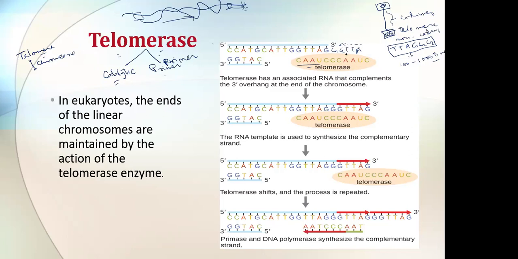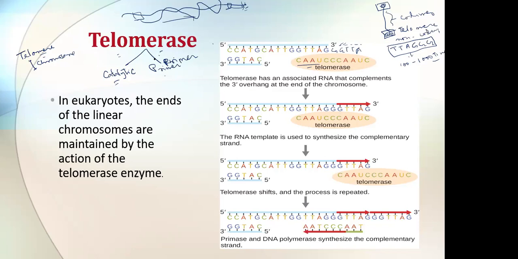Still, every time we are going to lose a little portion of the telomere, and that's the reason scientists now believe that's why we get older. Our age actually comes because of this reason.